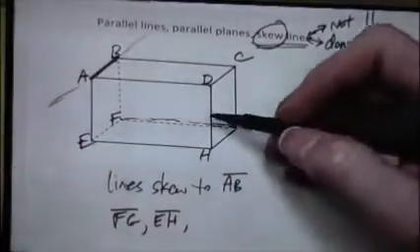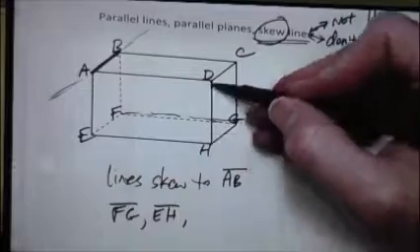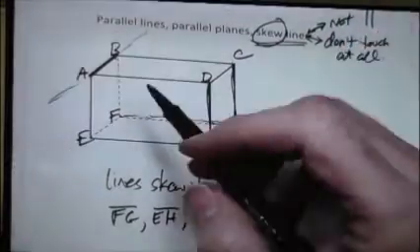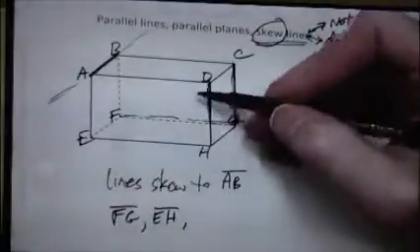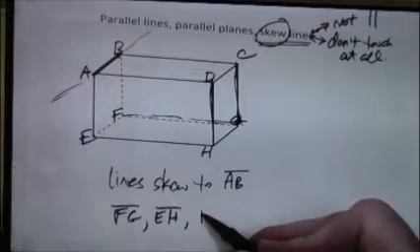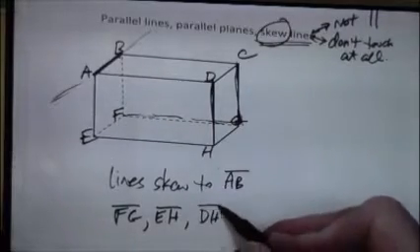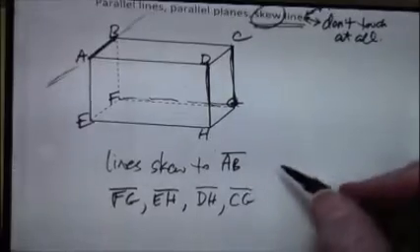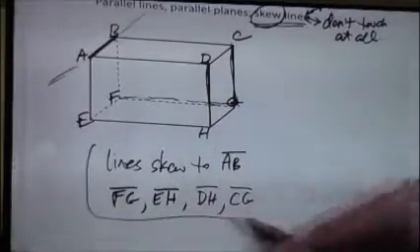And then when I look at the others, you think about D and H, this one and this one, they are not parallel to AB, and they are going to go up and down like this, and they're never going to touch AB. So that means that DH and CG are skew to it.